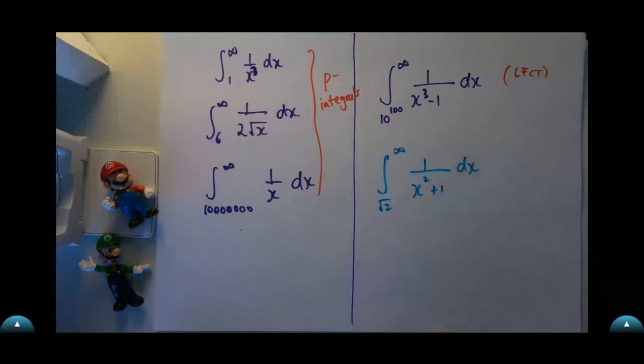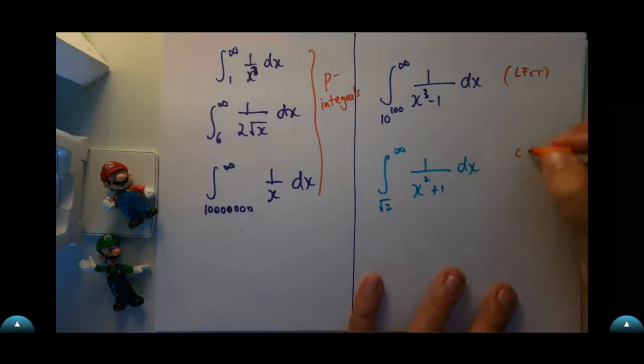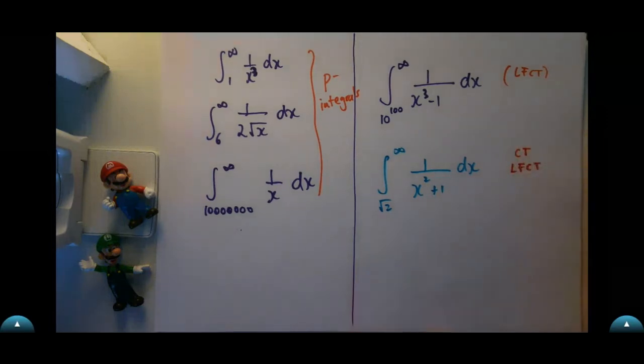Yeah, you probably could use the limit form of the comparison test there. Yep. What's another test you could use? The comparison test is fine, Steve. Yep. Is there another? So you probably could use a comparison test. You could probably use the limit form of the comparison test.